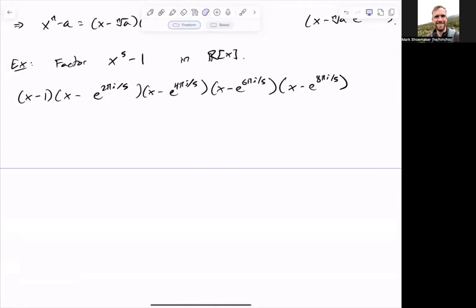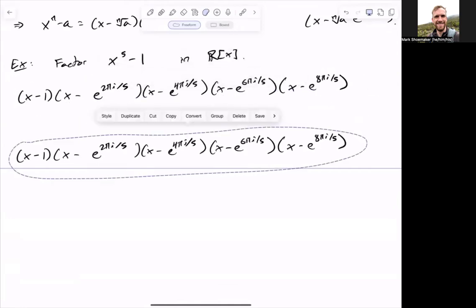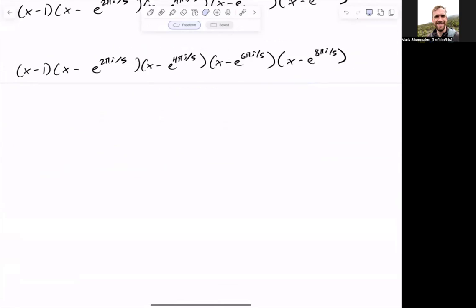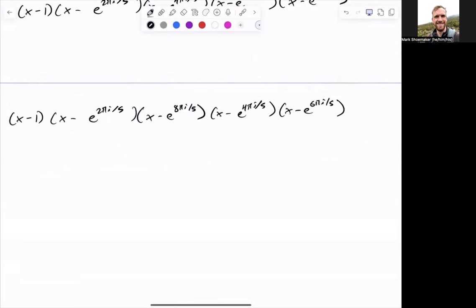So I'm going to rewrite these, grouping them by their conjugates. And I know that whatever this product is, since it's x minus some c and x minus the conjugate of c, it's going to be a polynomial with real coefficients. And similarly for this one.